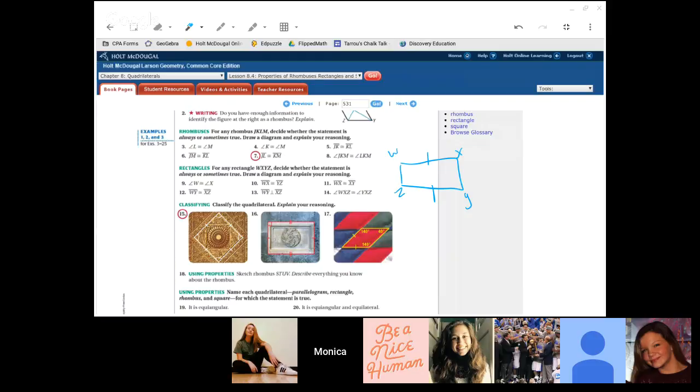Remember when you're looking on that family tree, yeah, it is also a parallelogram. So all of the traits from the shape above it apply to that shape too. So on a rectangle, opposite sides are congruent always. So the answer for that one would be always, because opposite sides are congruent.